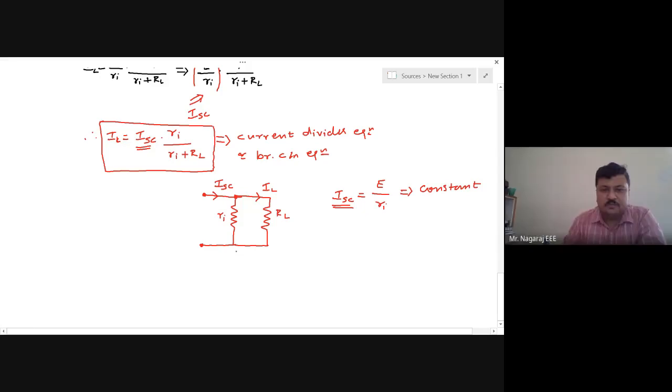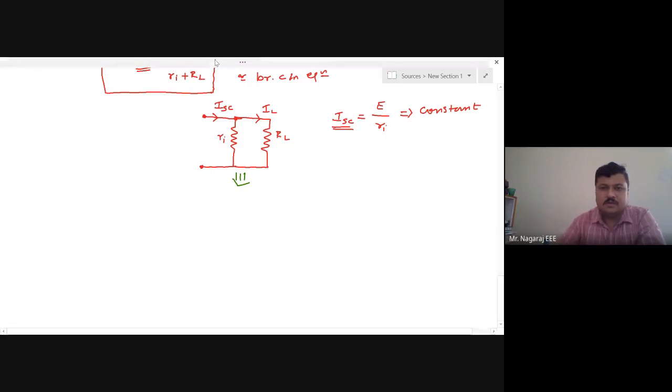So therefore, ISC can be represented by a constant current source.